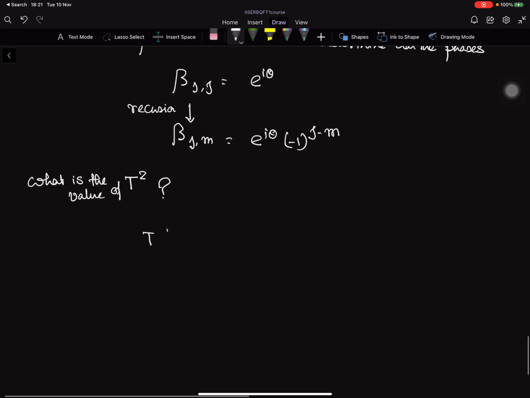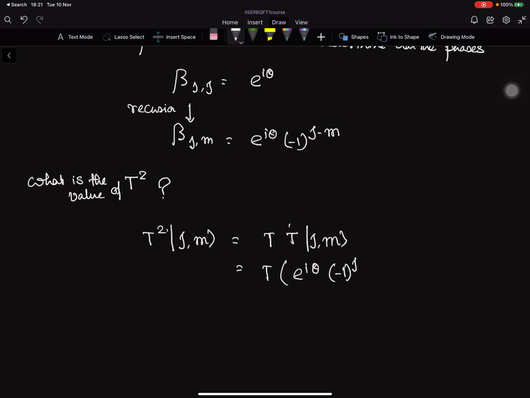So then T square acting on |j m> is the same as T acting on T|j m>, and T acting on |j m> is exponential i theta times minus 1 to the power j minus m, |j, minus m>.